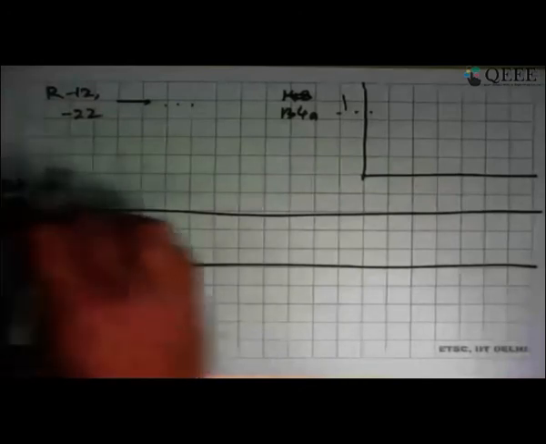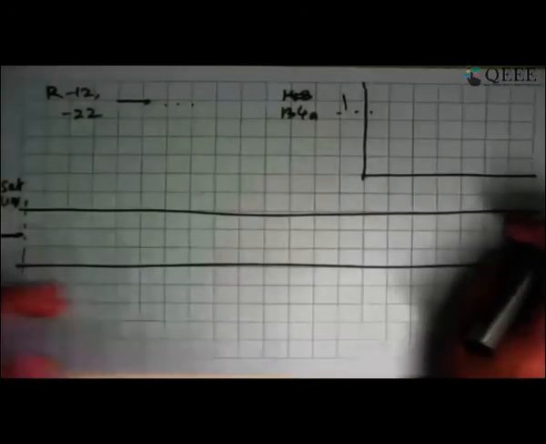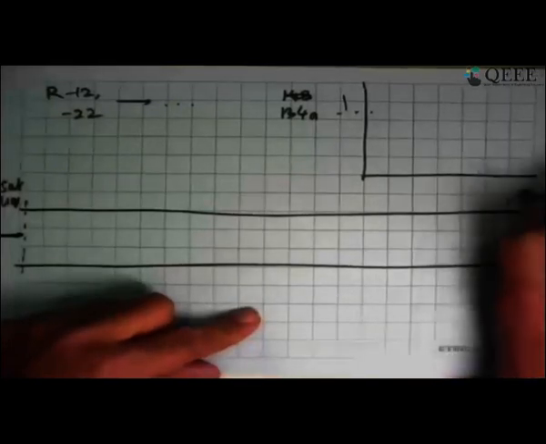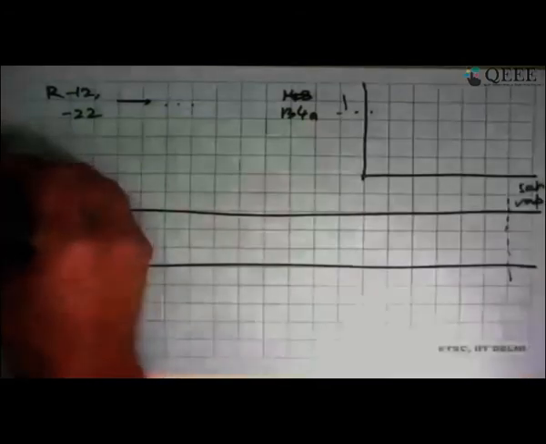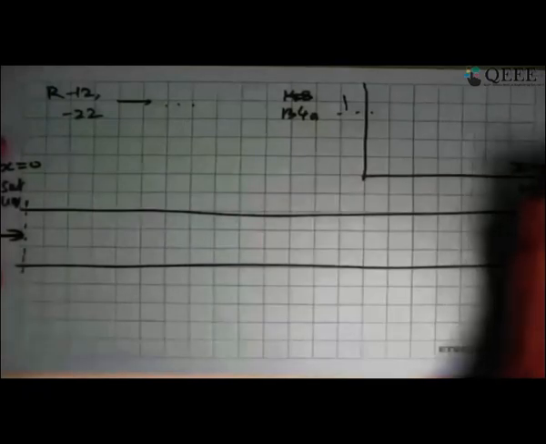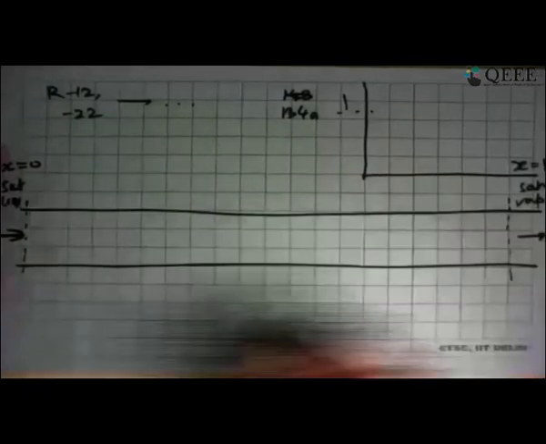It goes through this whole tube, which could be several meters long, and exits at this point as saturated vapor. So we are going from x equal to 0 at the inlet to x equal to 1 at the outlet.